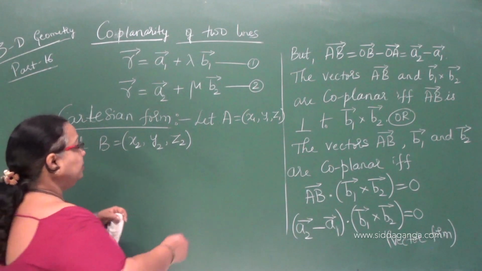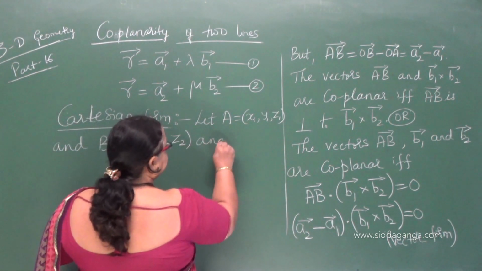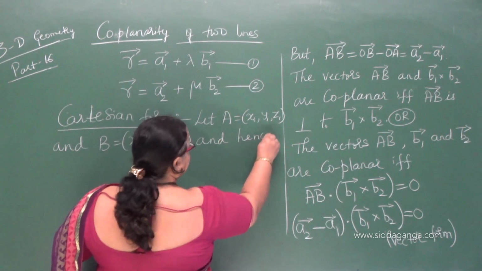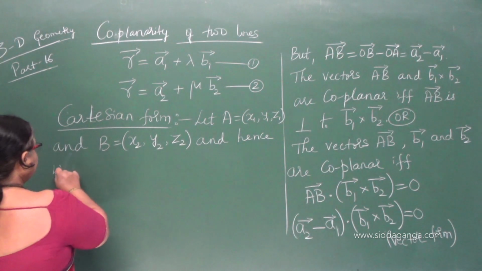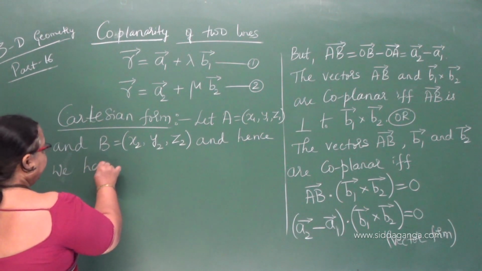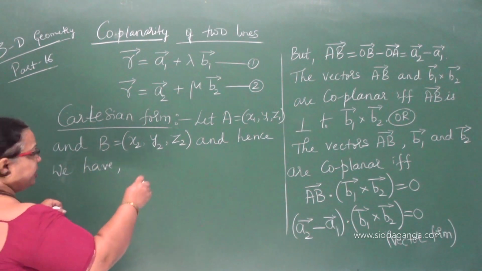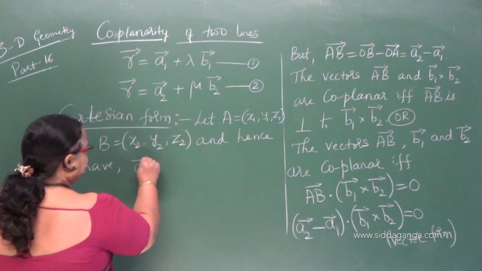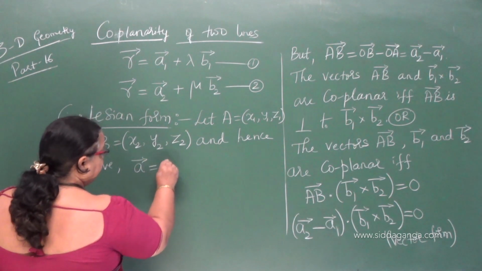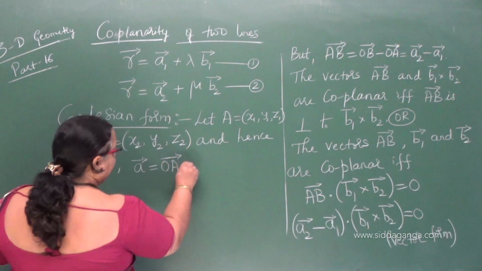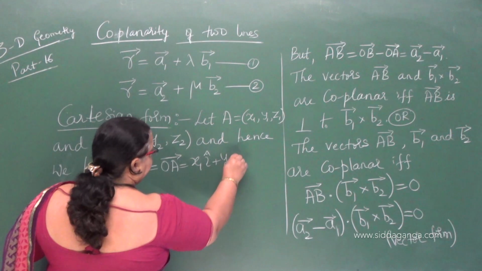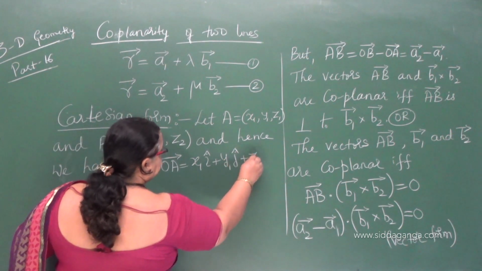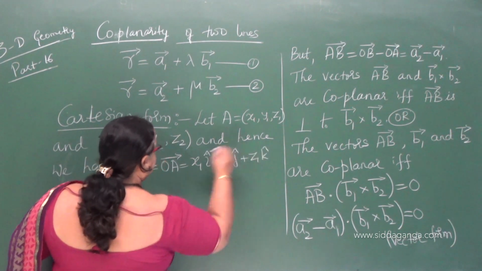And hence the position vector of this point, vector A equal to vector OA equals x1 into I cap plus y1 into j cap plus z1 into k cap.